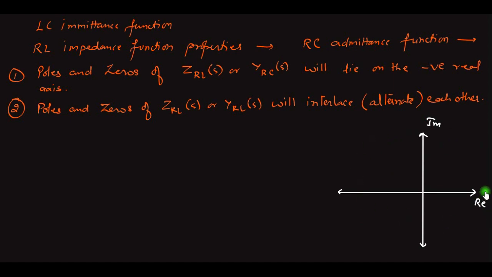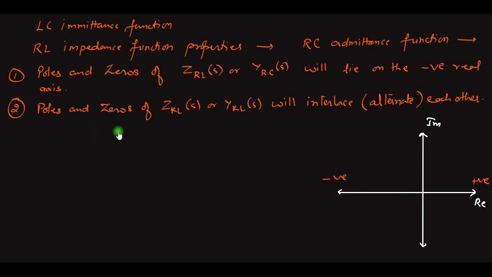Say we have this S plane, and all the poles and zeros of ZRL and YRC will lie on the negative real axis. This is the imaginary axis, this is the real axis. If it is the real axis, then this side would be positive and this side would be negative. So all the poles and zeros will lie in this region only.